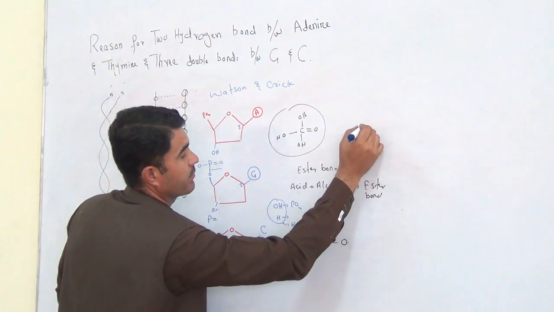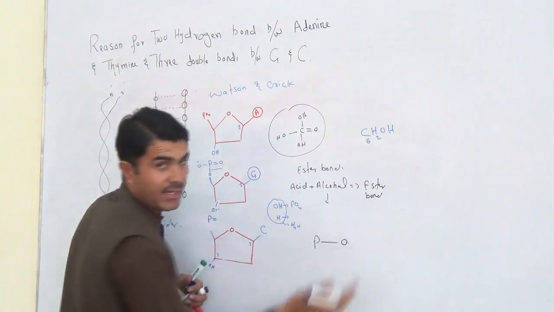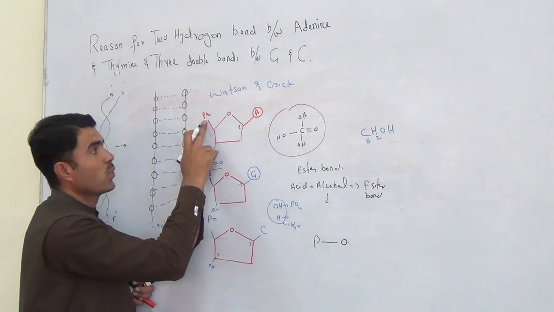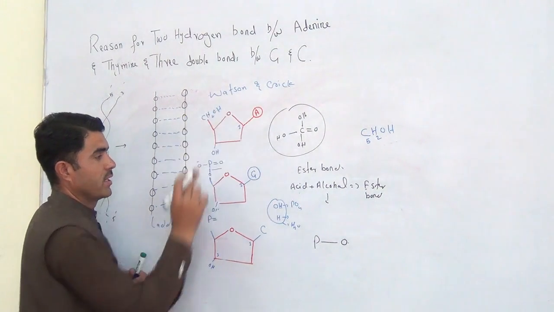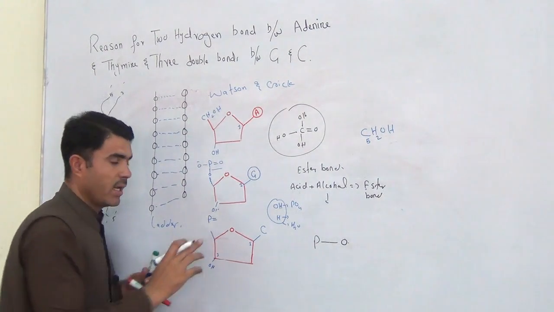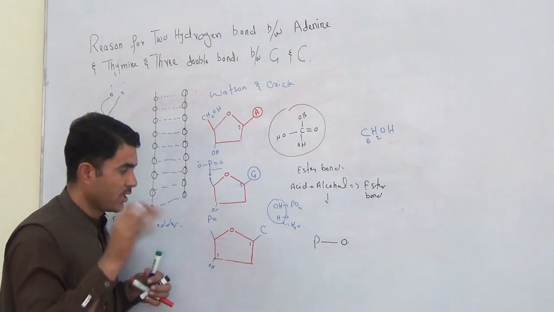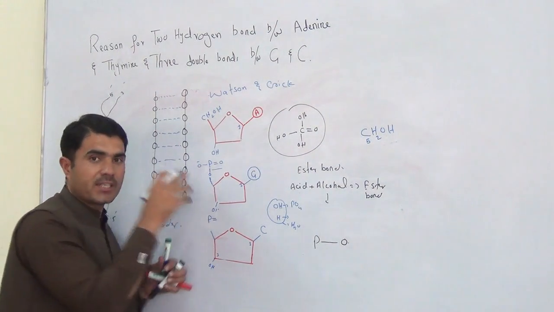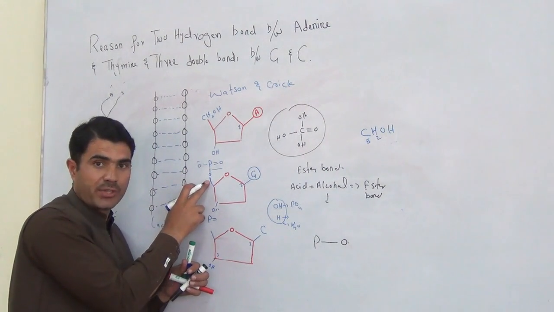It's C5. We have actually CH2OH, right? So here is CH2OH, right? Here is CH2OH. Here is again CH2OH. There is no need to show CH2, but OH is important. So whenever a phosphate comes here, the phosphate will make a bond with that OH.